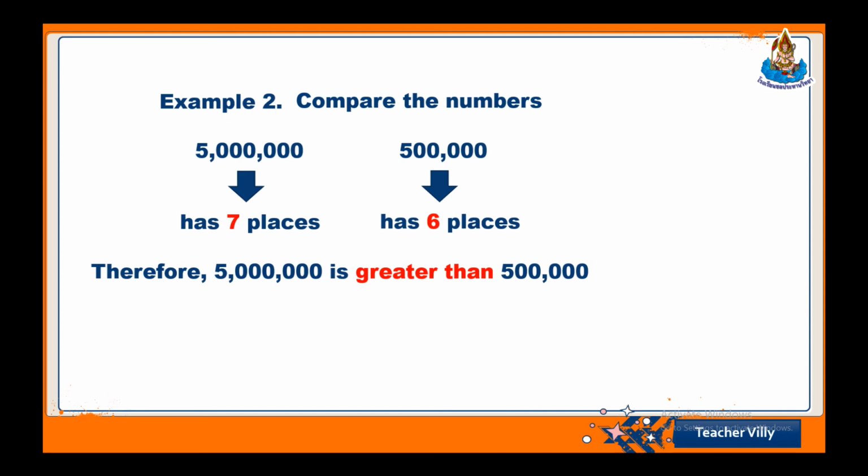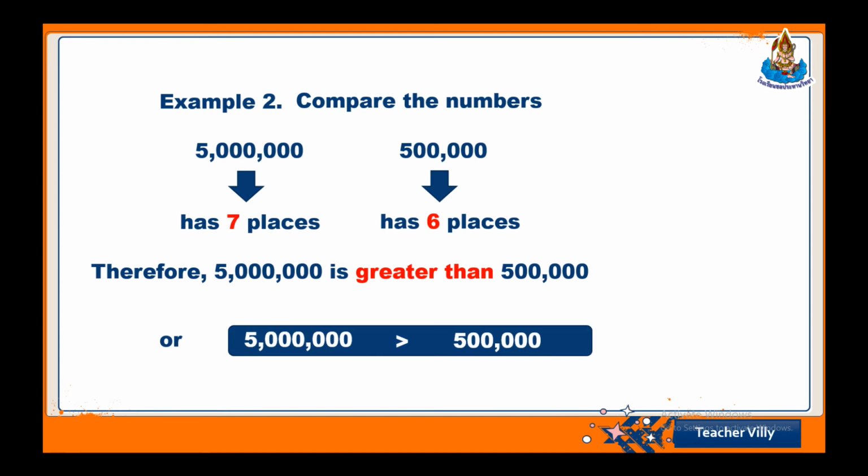Therefore, 5 million is greater than 500,000. Or in symbol, we use the symbol: 5 million is greater than 500,000.